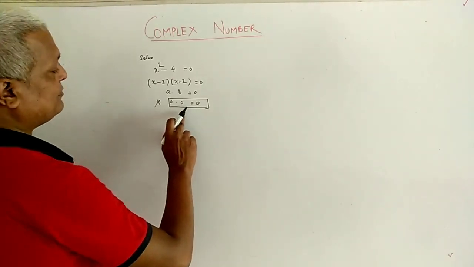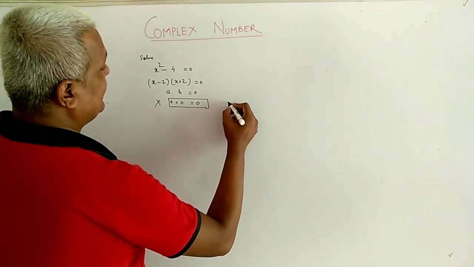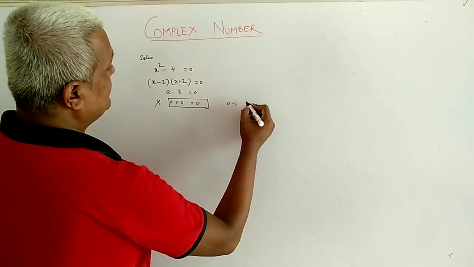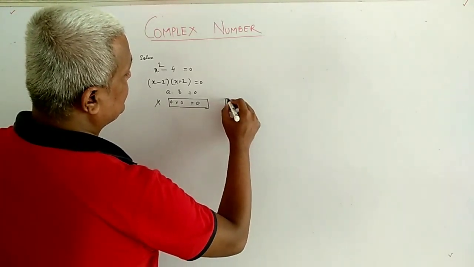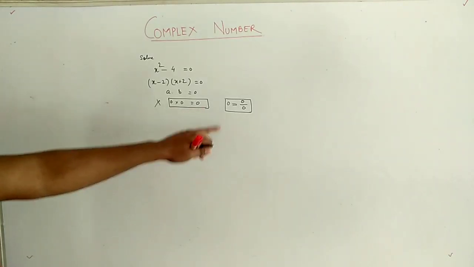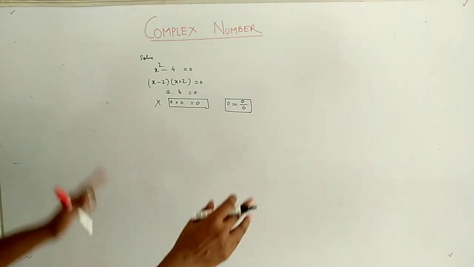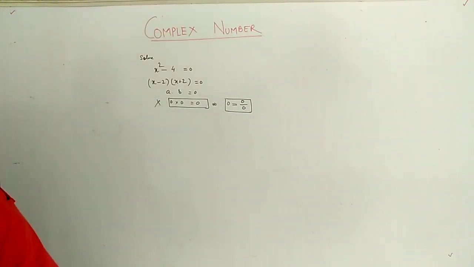If you accept 0 times 0 as 0, you are indirectly accepting that 0 is 0 over 0. But division by 0 is undefined, so this concept is also undefined. Both these are undefined situations, where you never get any answer.